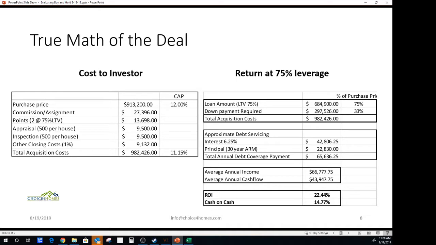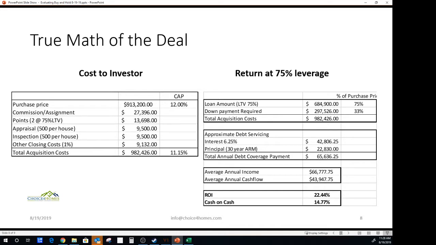Approximate interest expense is going to be about $42,000 a year, and I would expect that you would probably be paying $22,000 towards principal. Now, are you going to be getting $22,000 to apply towards your principal in the first few years? Absolutely not. As usual, the bank will take 90% of that, and then you will only get more principal towards the end.